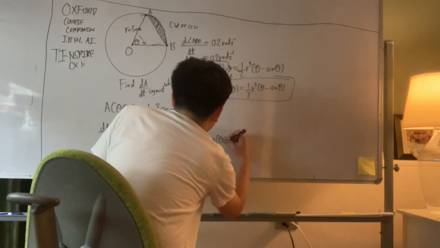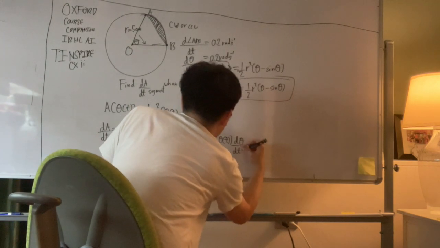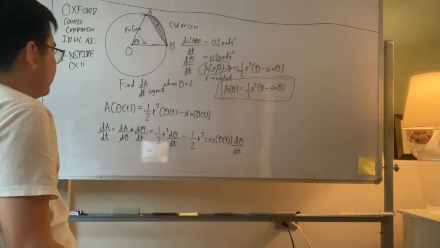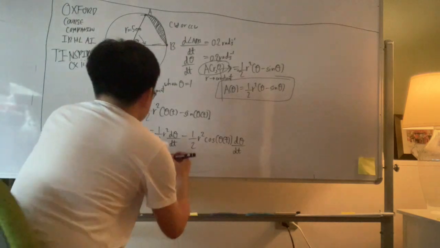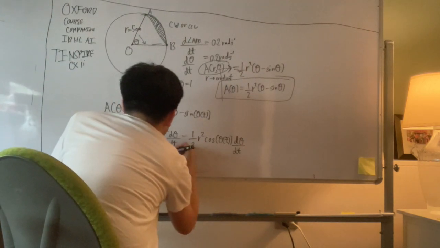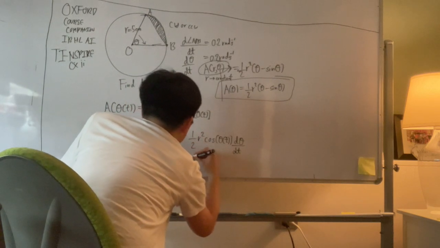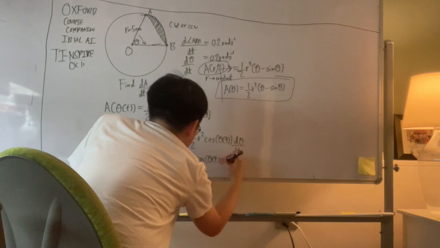cosine theta of t, d theta/dt. That's painful. Okay, let me just make it easier on our lives. 1/2 r squared d theta/dt. I can just factor all that out to get 1 minus cosine of theta of t.